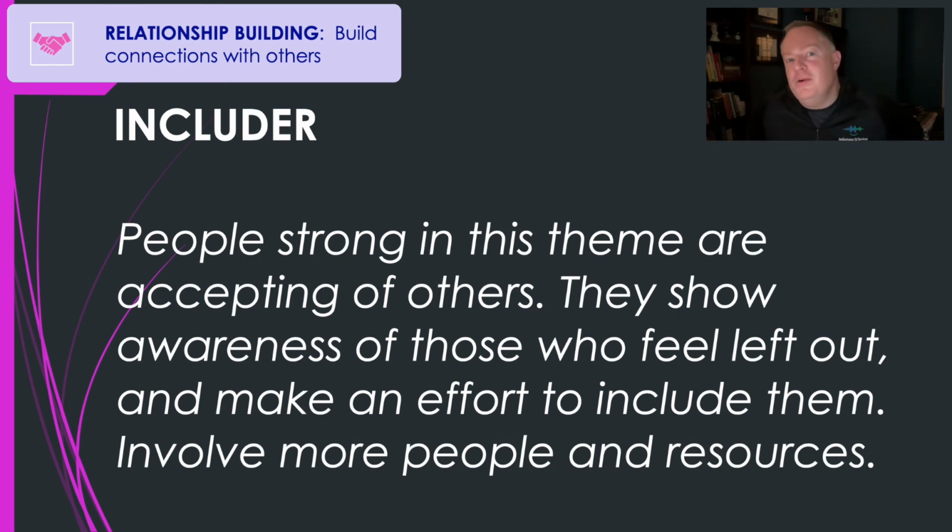Here's a poor use or an overuse of includer. Imagine a same kind of scenario. There's a wedding and the DJ is told by the couple, do not play country music. We just don't like country music. So then in come a woman and a man, and they have cowboy hats and cowboy boots on, and they're dressed like a stereotypical person that might like country music.